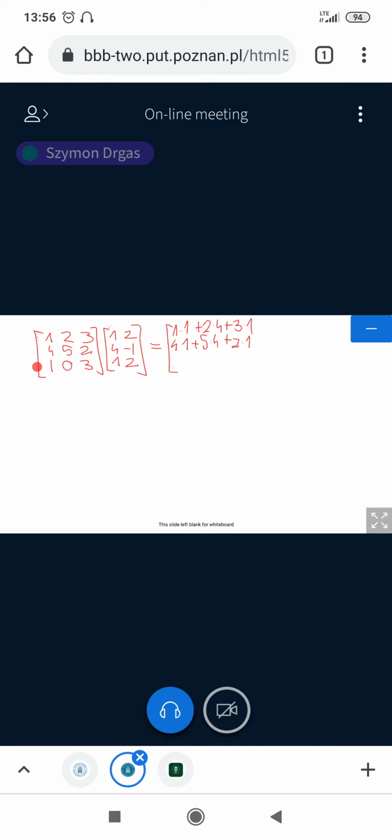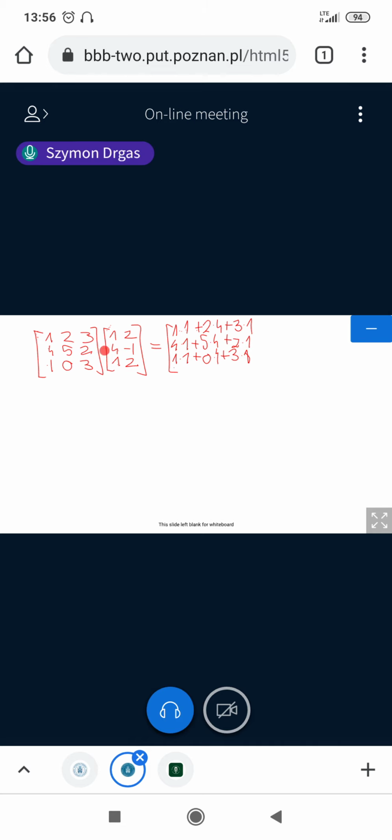And the last element in the first column is the third row times the first column. So it is 1 times 1 plus 0 times 4 plus 3 times 1.